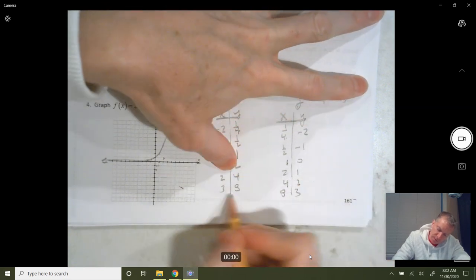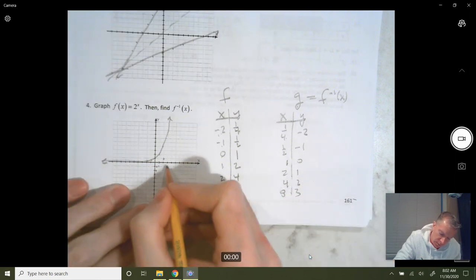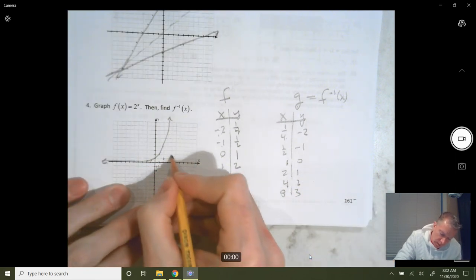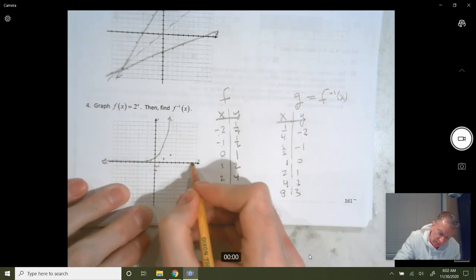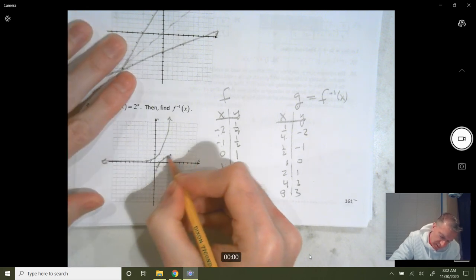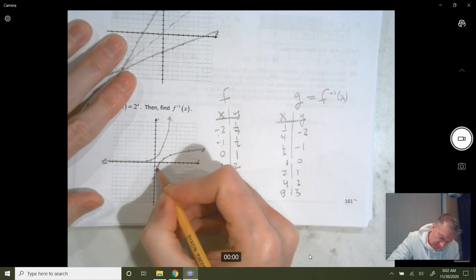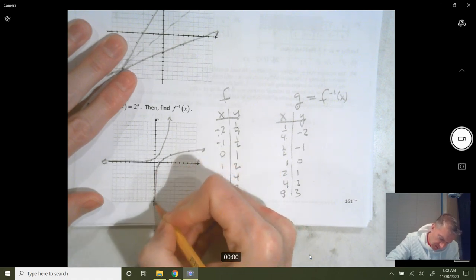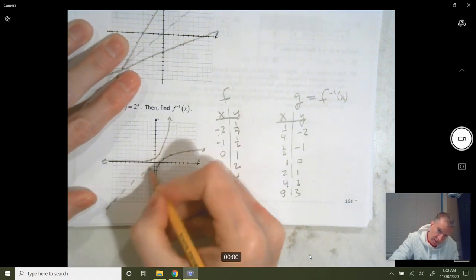I'm switching the x and the y. So 4, 2, and 8, 3. And so we've got these points here, and you've got the line y equals x.